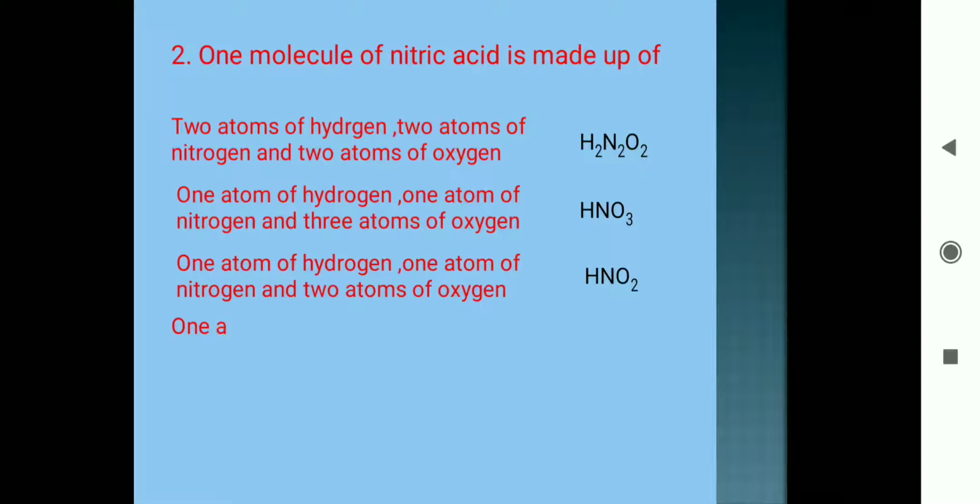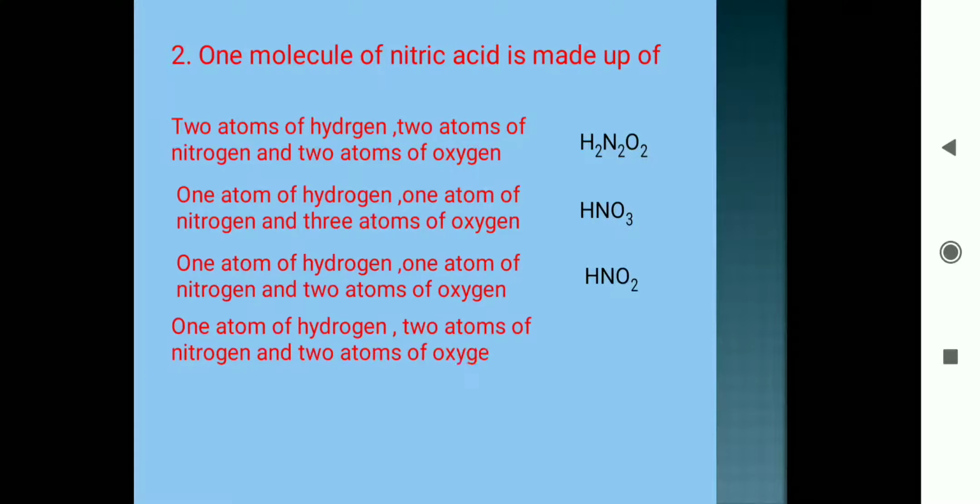Fourth option, 1 atom of hydrogen, 2 atoms of nitrogen and 2 atoms of oxygen. The formula becomes HN2O2. So we know already that nitric acid formula is HNO3. So we can select the second option. Second option is the correct one.